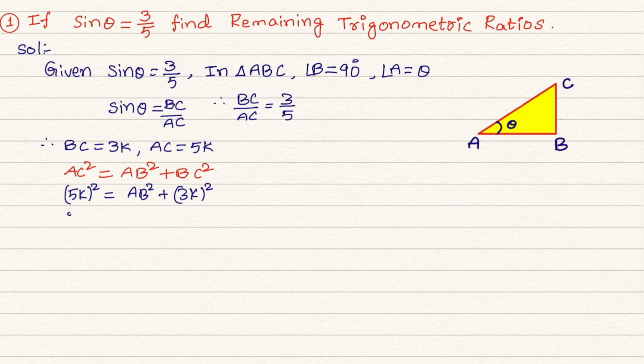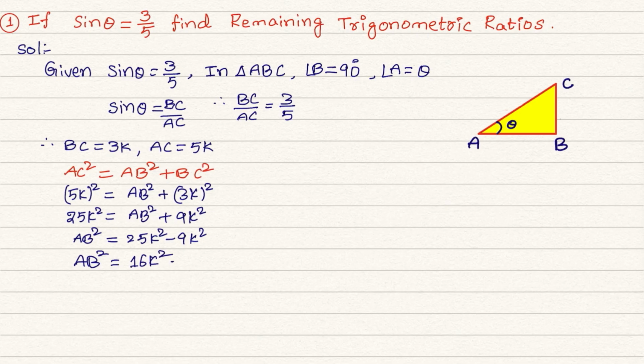which gives you further 25K square is equal to AB square plus 9K square. From this we get AB square is equal to 25K square minus 9K square, which is AB square is equal to 16K square.